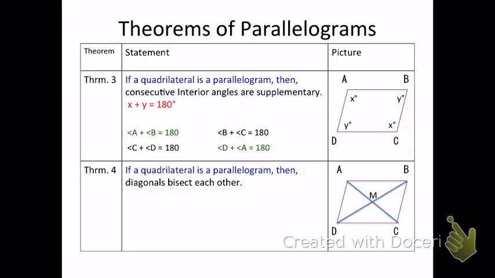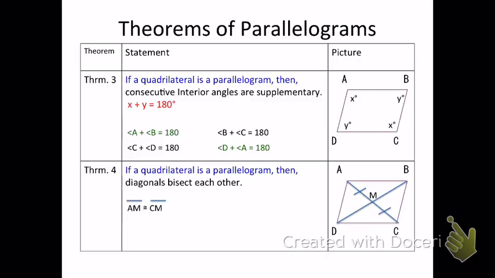Now, how can we show that M is the midpoint of AC? Well, we draw 2 marks like that. And then what would the congruent statement be that goes along with that? The congruent statement is going to say line segment AM is congruent to line segment CM.